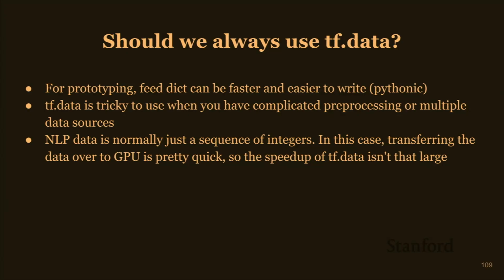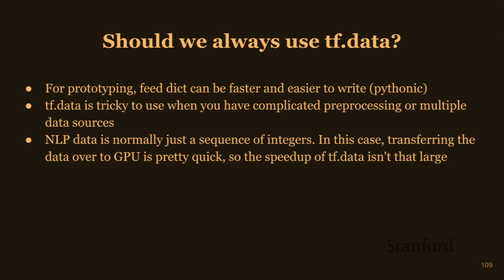Kevin Clark here suggests that we should add this slide: whether we should always use tf.data or not. For prototyping, placeholders can be a lot faster and easier to write because it's in Python. Also, tf.data is tricky to use when you have complicated preprocessing of the data, or when you have multiple datasets that you want to fit.